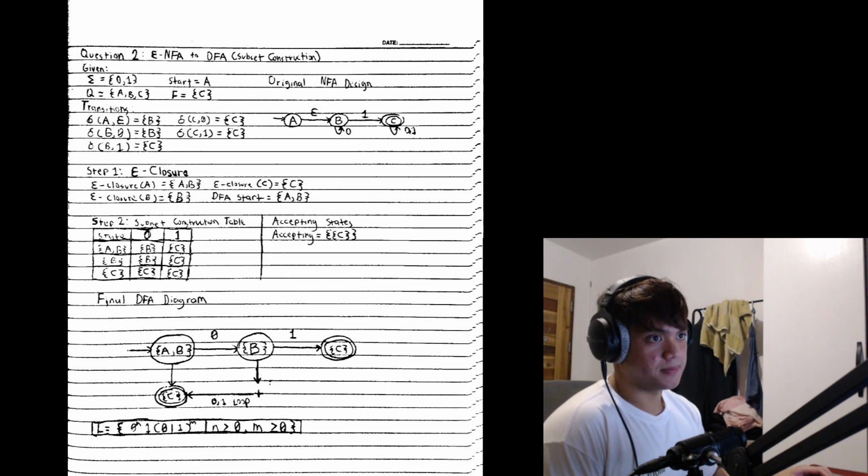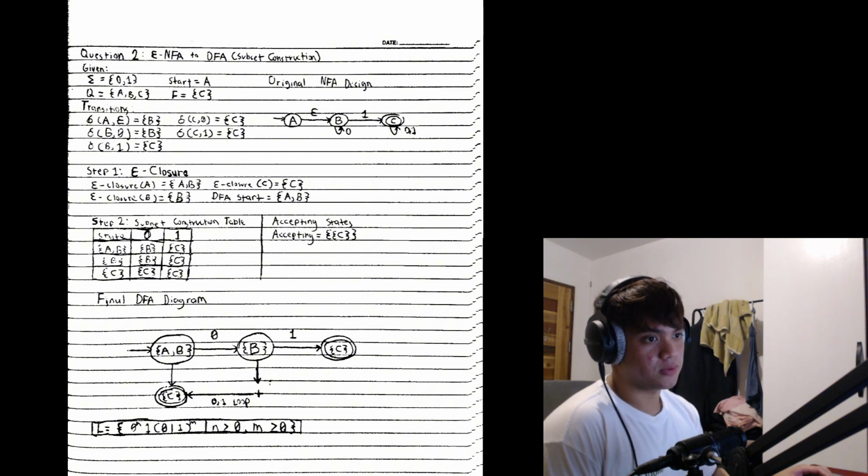It's deterministic because each state has exactly one transition for each input symbol, there are no epsilon transitions, and the transition function is complete. It's equivalent because each DFA state represents all possible NFA states simultaneously. Both automata accept the same language, any number of zeros, then at least one 1, then any combination of zeros and ones. The subset construction algorithm is proven to guarantee equivalence.